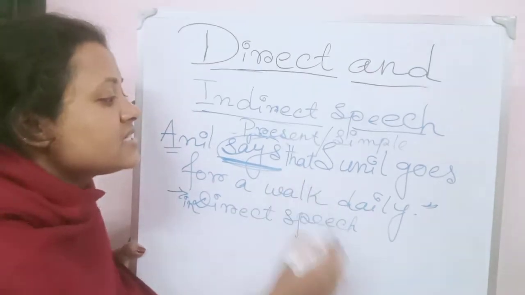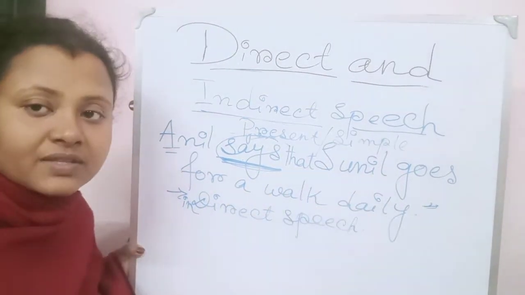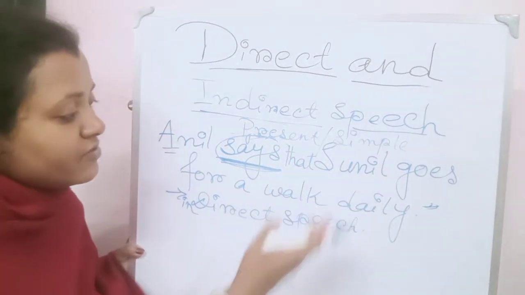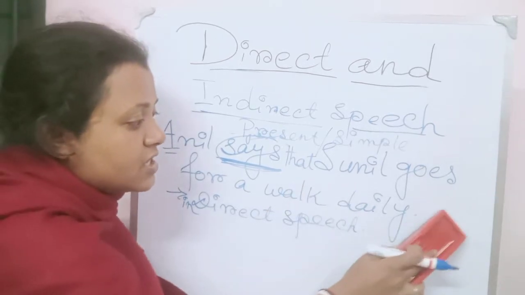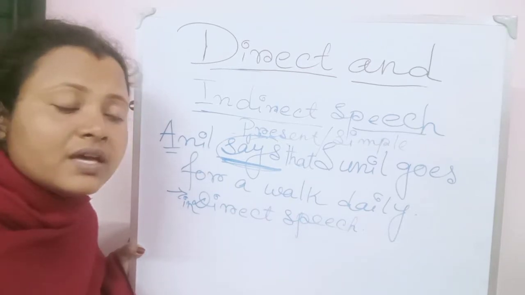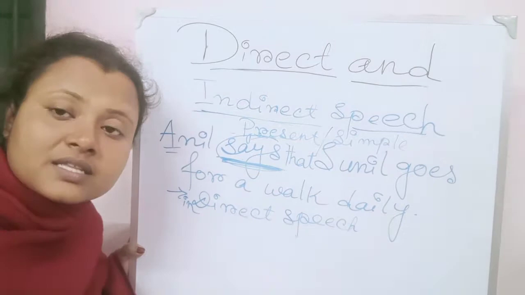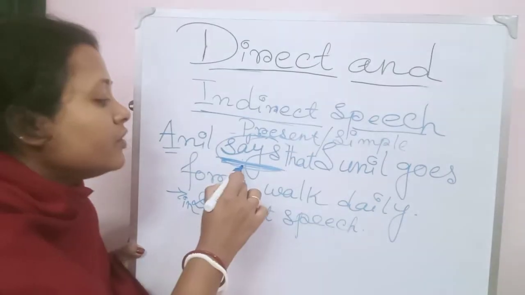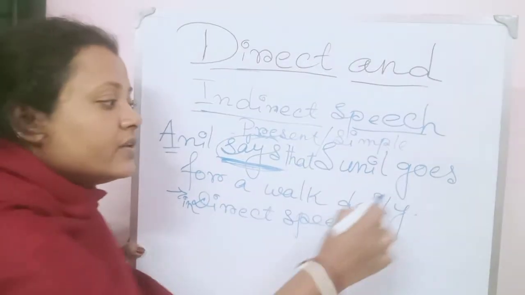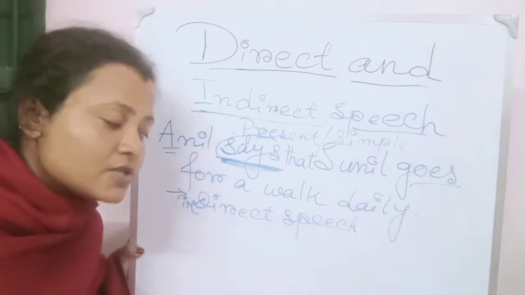The sentence is written in this way. Why is the sentence written in such a way? Because the reporting verb is in present tense, so the tense of the verb which was inside the inverted commas will also not change.